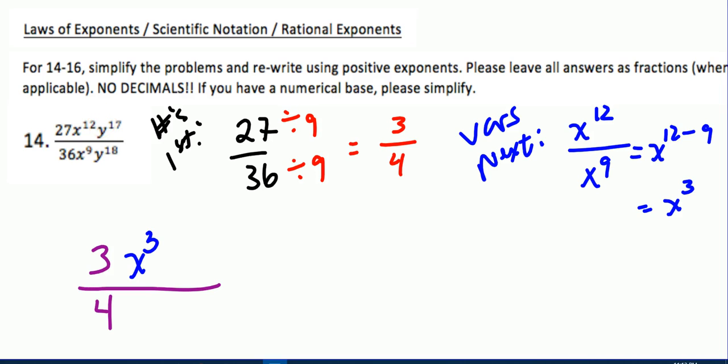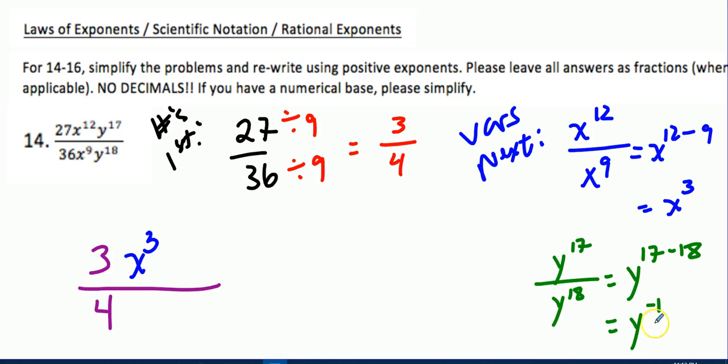For the y's, a couple ways you could look at it. You could do y to the 17th over y to the 18th and see that there's one more y on bottom than on top. Or you could apply that property with y to the 17th minus 18, because when you divide the same base, you subtract the exponents. So that's the same property in the blue that I may not have described that way. When you subtract 17 minus 18, you get -1.